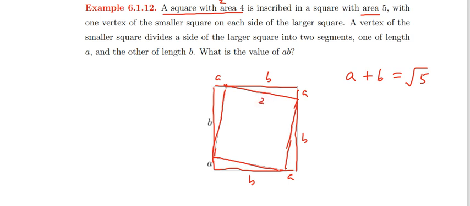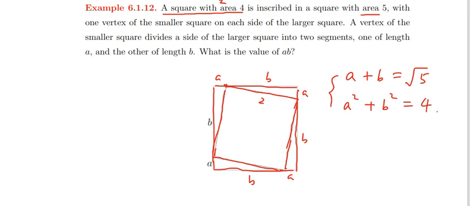So the other equation is A squared plus B squared equals 2 squared equals 4. So we have those two equations.